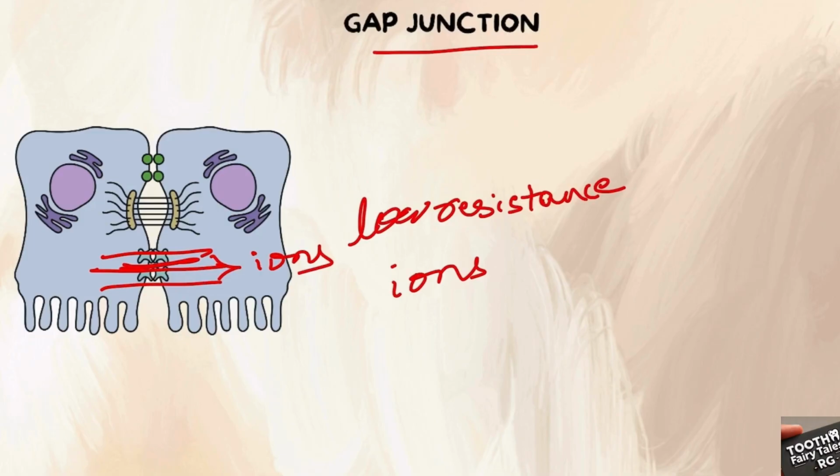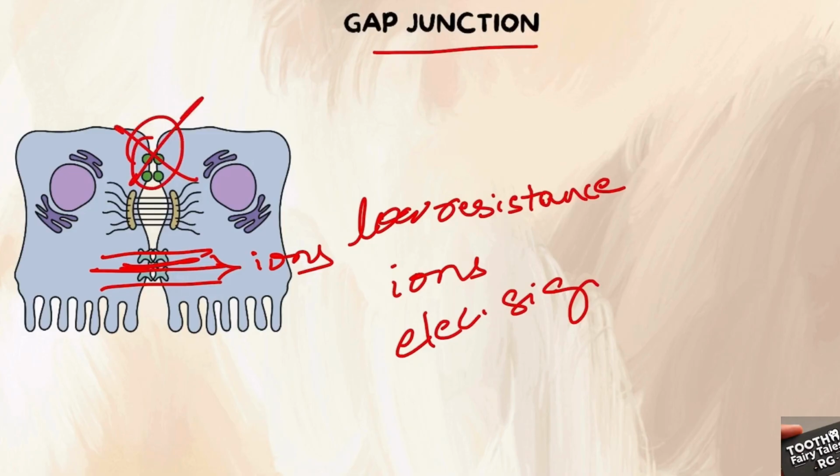Through this form of communication, cells can coordinate activities like propagation of electric signals or sharing of metabolic substrates. This is allowing a synchronized behavior across the tissue. Unlike other epithelial cells, gingival epithelial cells are lacking the tight junctions.